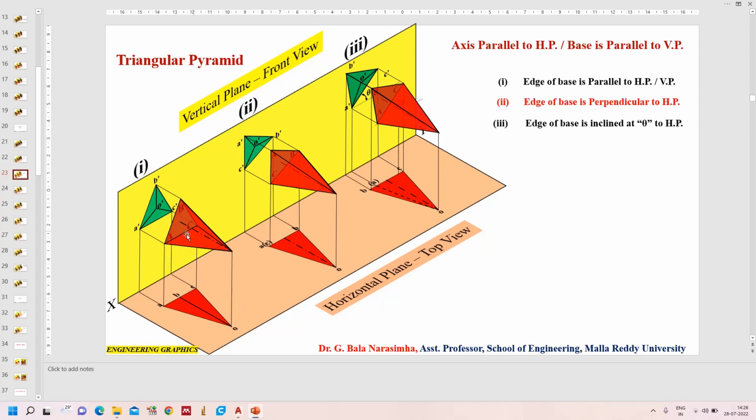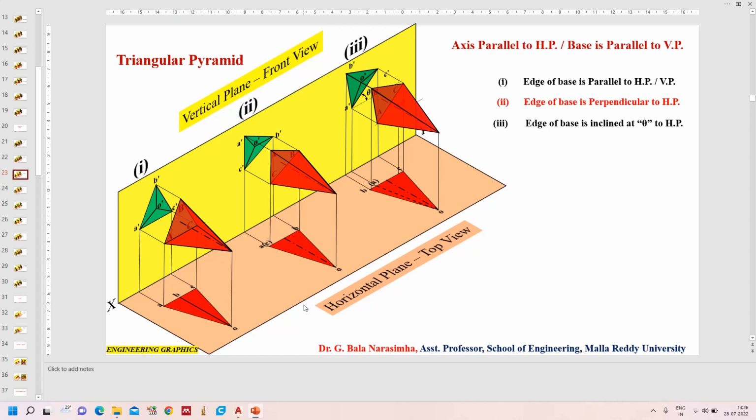When the edge is parallel to both the planes, the observer is here. So the front view appears as a triangle with the connected triangular faces towards the center. This is the BO triangular face, AO, CO, C dash O dash. Everything will be connected to the center called the apex point.